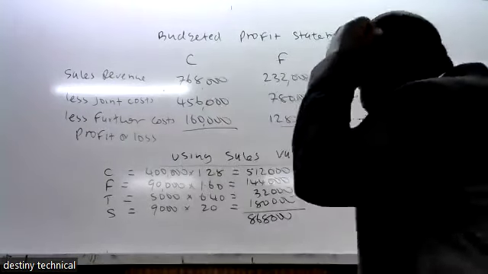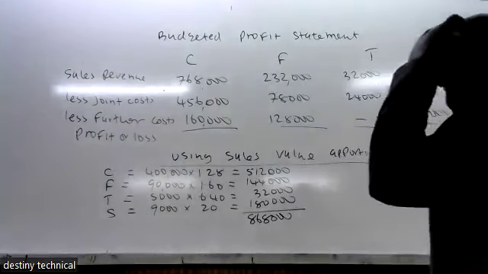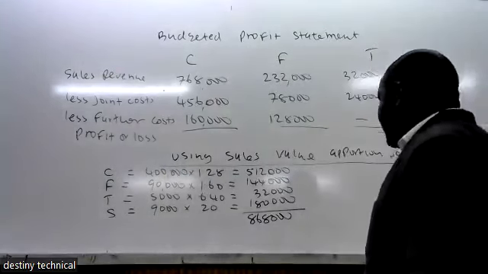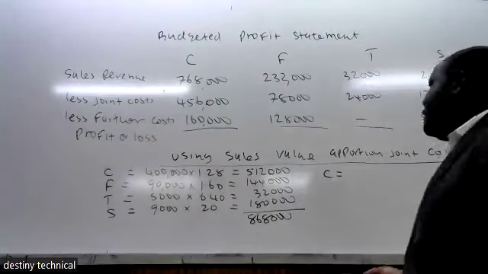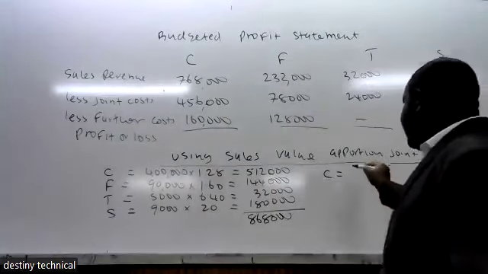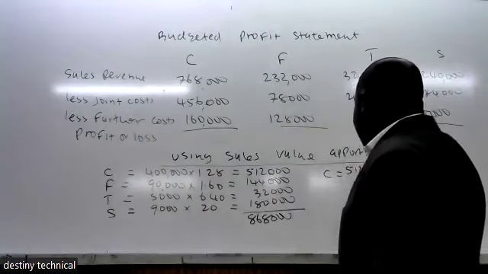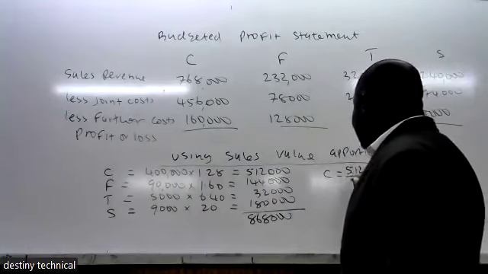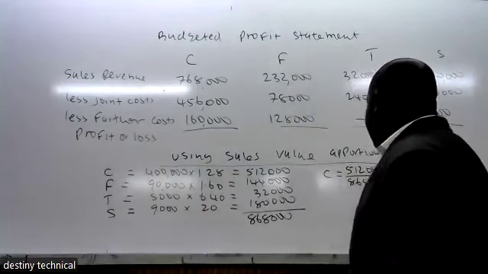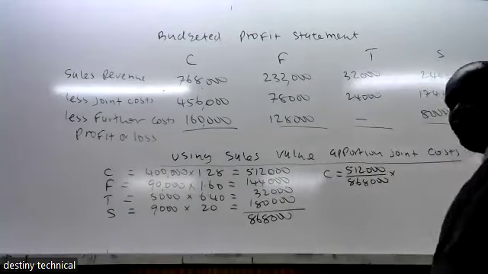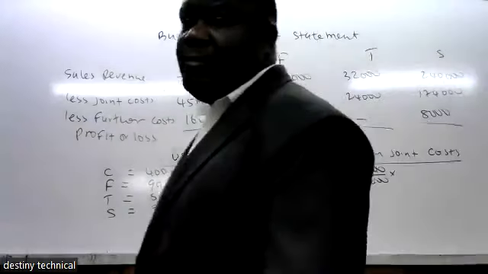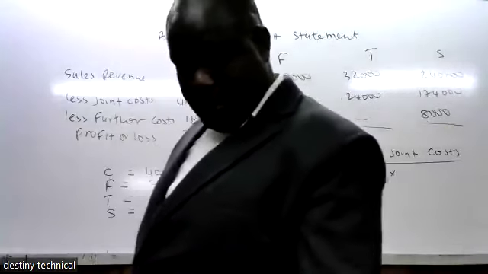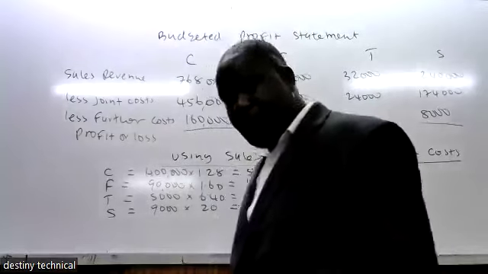So we are apportioning the joint cost among the products. So we start with C. So C, you get 512. We had computed the total joint cost.